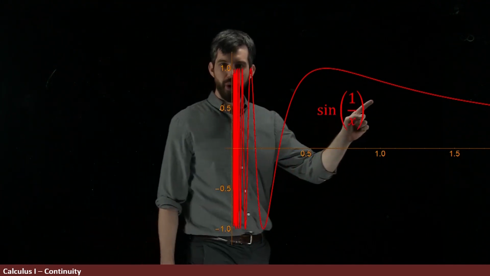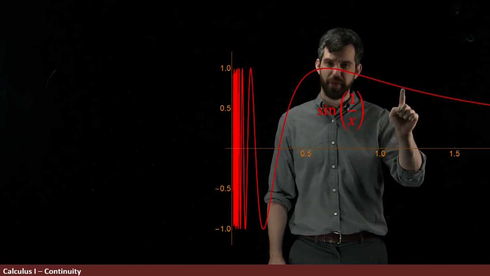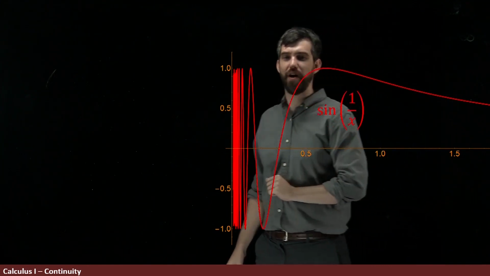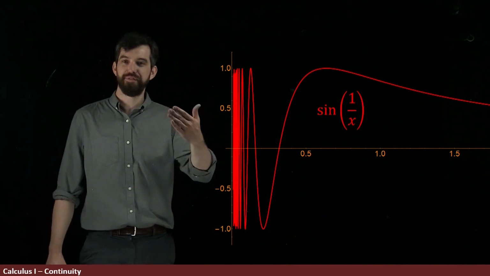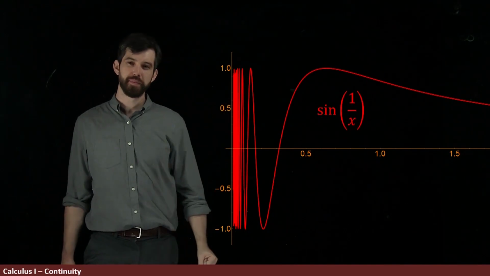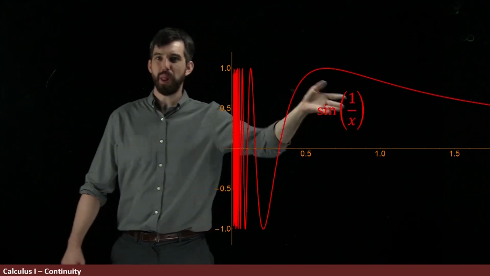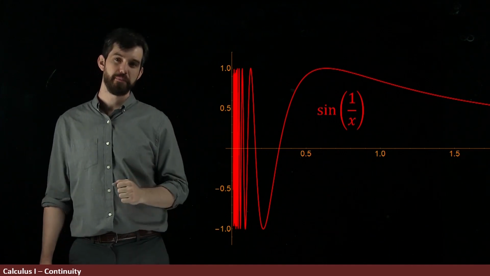If I go to some other point like this, and I want to figure out what's the limit as I go to whatever that is, 1 point something, well, I just go along the curve and I just plug in the function value. If I want to know the limit as x goes to 2, say, well, it's just sine of a half, sine of 1 over 2. So for most parts, the limit's easy. You just plug in the function value, but then there's these few interesting spots where that's not the case.